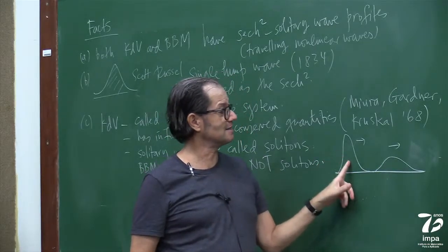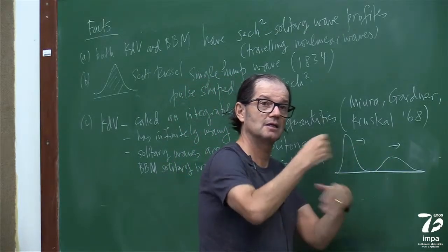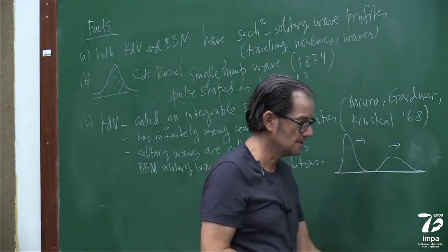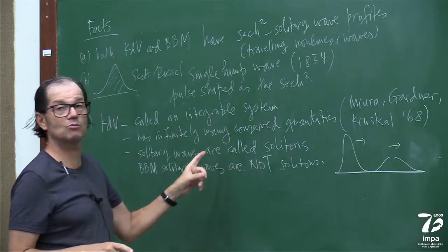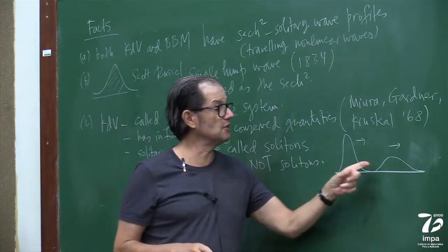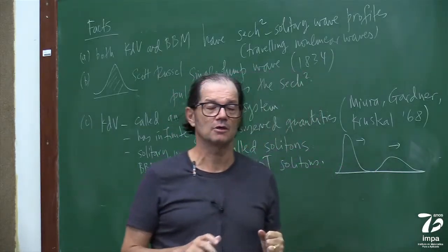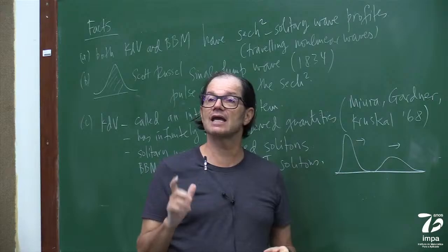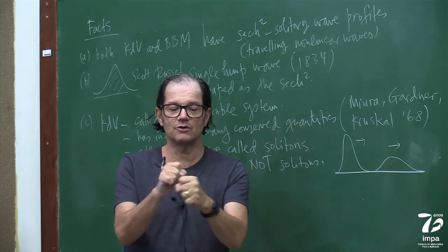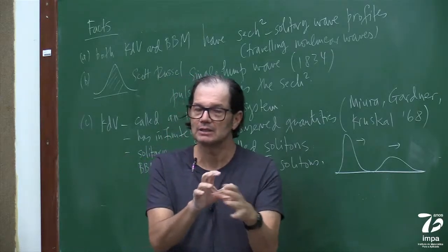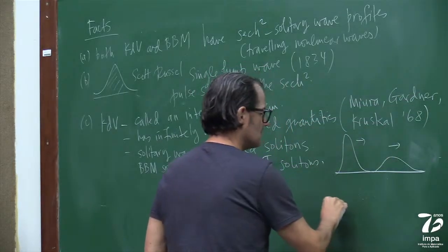So this means this guy moves faster than this guy, and it will eventually collide and run over. The fact that the system is an integrable system means the collision of these two, it can be head-on or one running over the other, for the KdV is called elastic, in the sense that they interact. There's a little bit of a phase interaction, something interacts, and then the other one comes out, and it comes out.